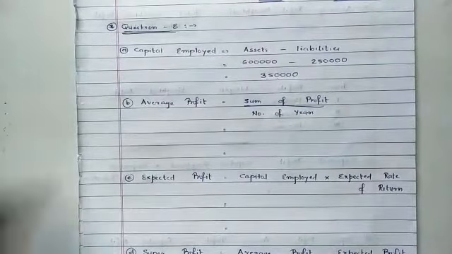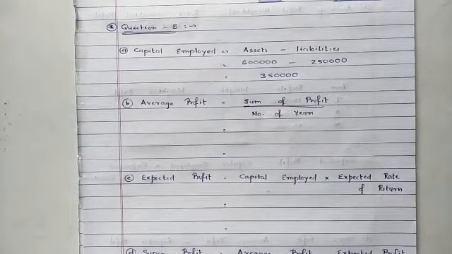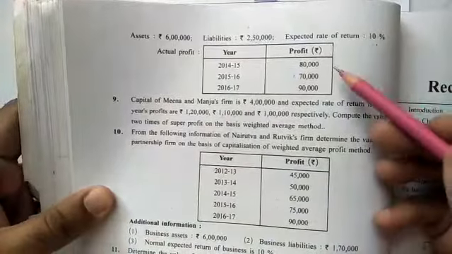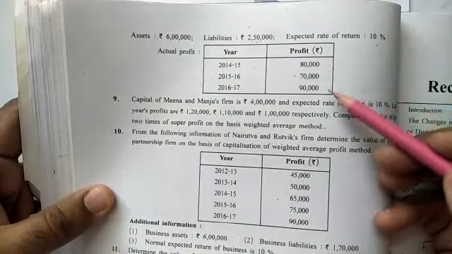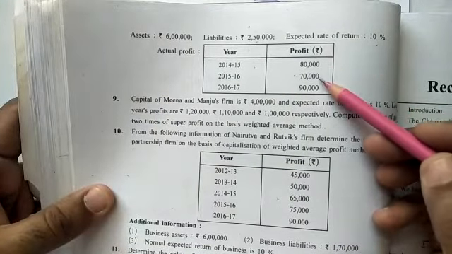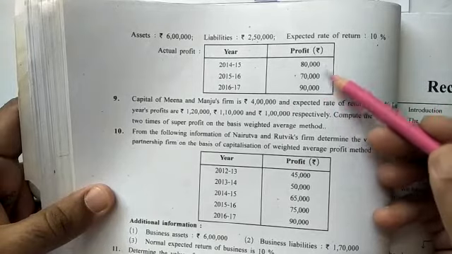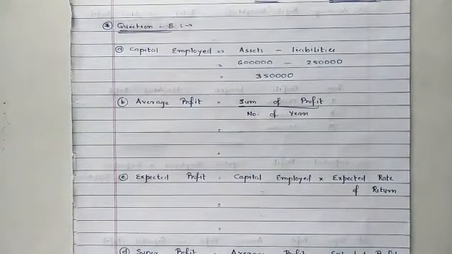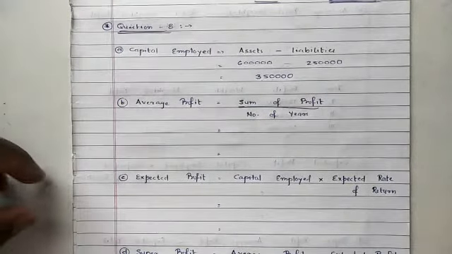Then the second point, calculation of average profit. The average profit may be by simple average or weighted average profit method. According to this question, the profits were not in an increasing or decreasing trend. Like first 80,000, then it was reducing, then again it was increasing. So whenever there is lack of trend or it is not specified in the question clearly, we apply the simple average profit method.